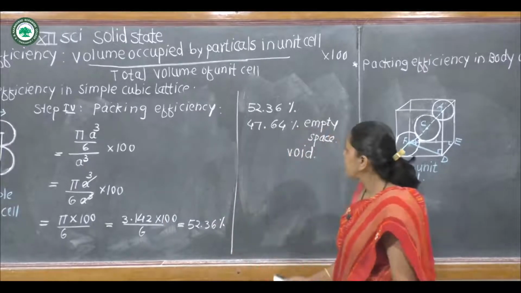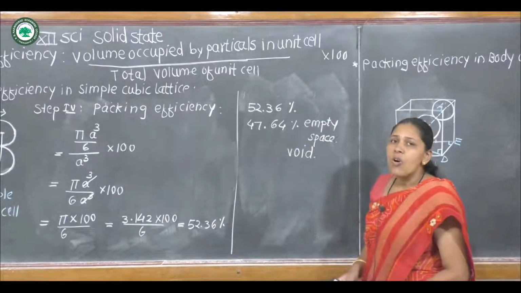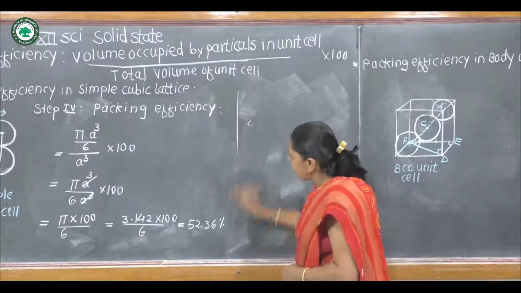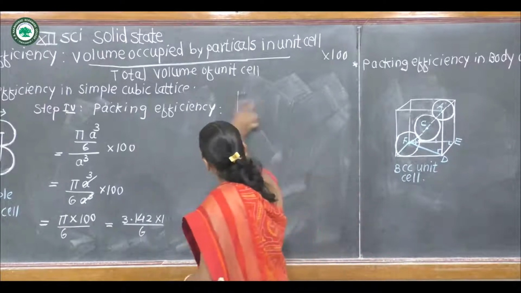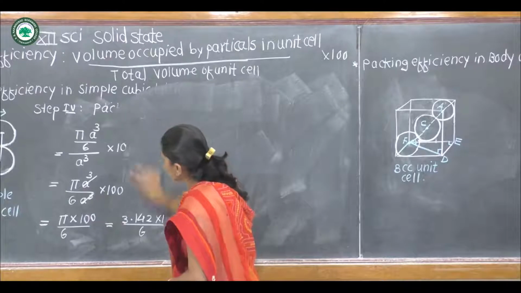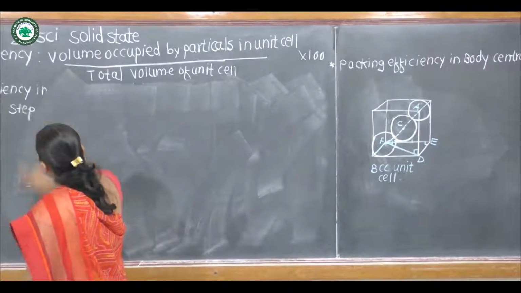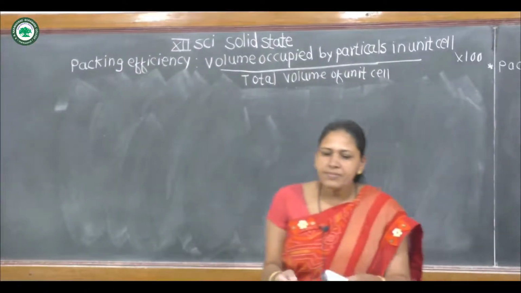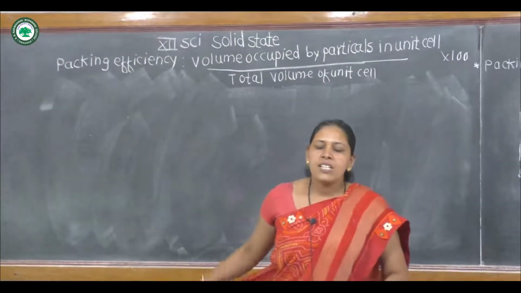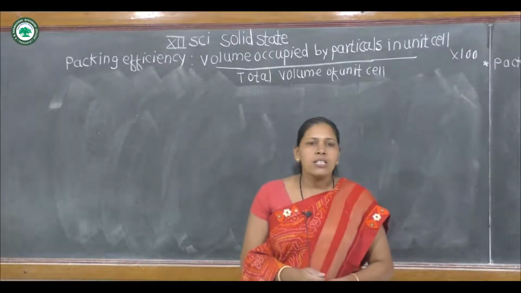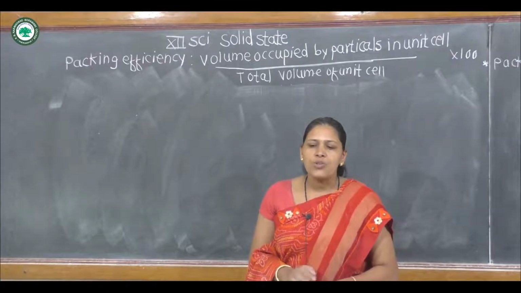Then next point, packing efficiency of the body centered cubic lattice. We know that in a body centered cubic lattice there are two particles per unit cell.